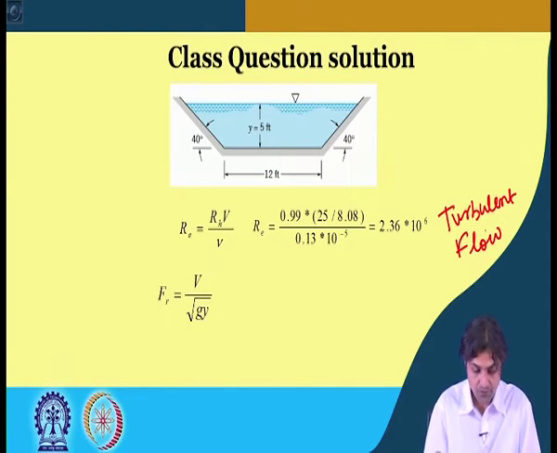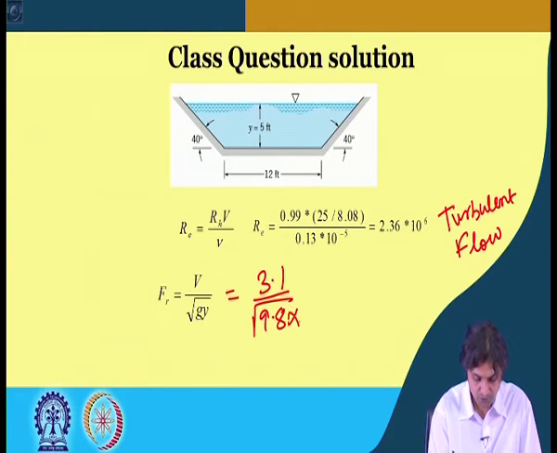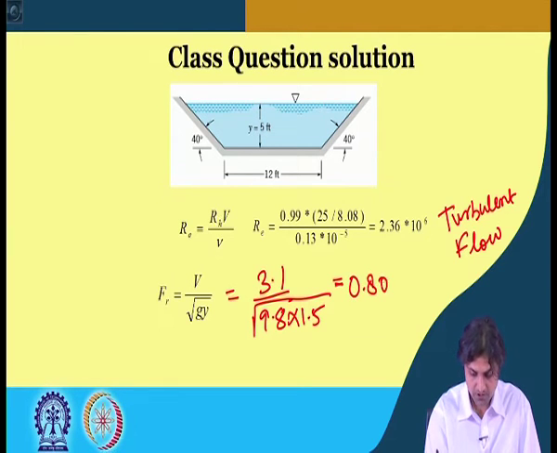V we already know, we have calculated 25 by 8.08, which is 3.1, divided by under root 9.8 into y, the water depth. 5 feet comes out to be 1.5 meter, so it is 3.1 divided by under root 9.8 into 1.5, and this comes out to be 0.808.